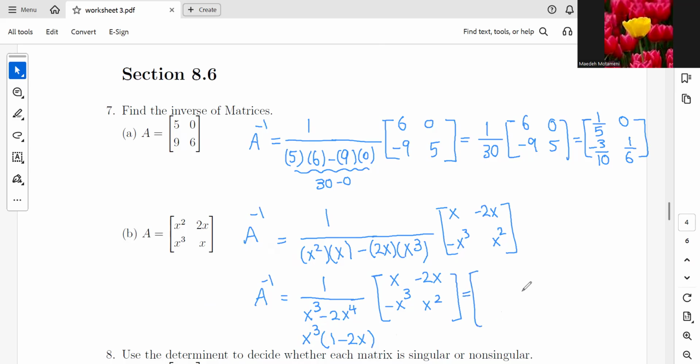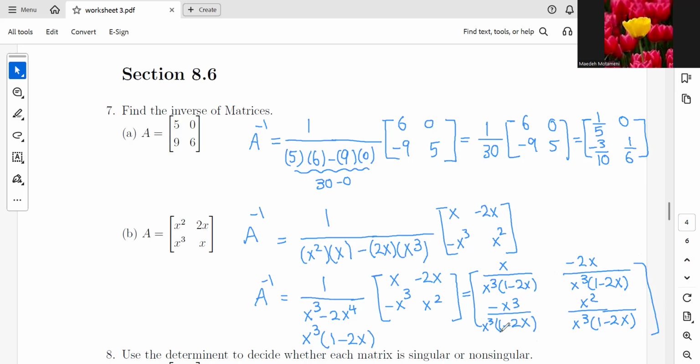So for the answer, we're going to have x over x cubed times 1 minus 2x, negative 2x over x cubed times 1 minus 2x, negative x cubed over x cubed times 1 minus 2x, and the last one, x squared over x cubed times 1 minus 2x.